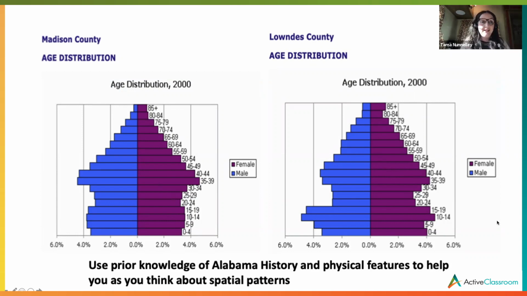Why would somebody be more likely to move to Madison County versus Lowndes County? Well, if you're a farmer, you might want to go to Lowndes County, but there's not much farmland left in Madison County anymore. And if you look at the census, Huntsville just overtook Birmingham this last week for having the most number of people in the state. So we can have children take a look at that.